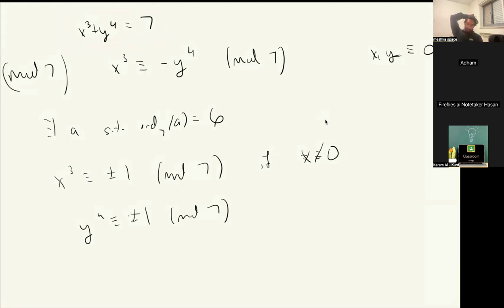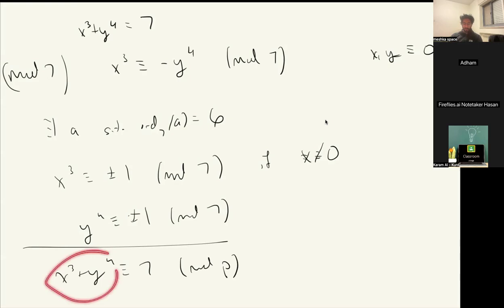If you want to show that this equation doesn't have a solution mod p, for some prime p, we'd consider x cubed plus y to the fourth congruent to 7 mod p. You would need to pick a prime p where there are not very many third powers or fourth powers. Like with 7, there are not very many third powers, but there are a lot of fourth powers, right?